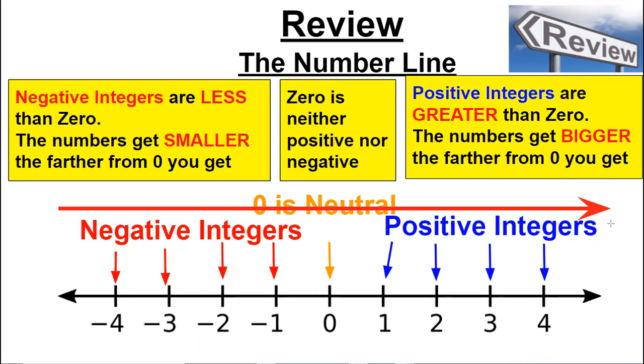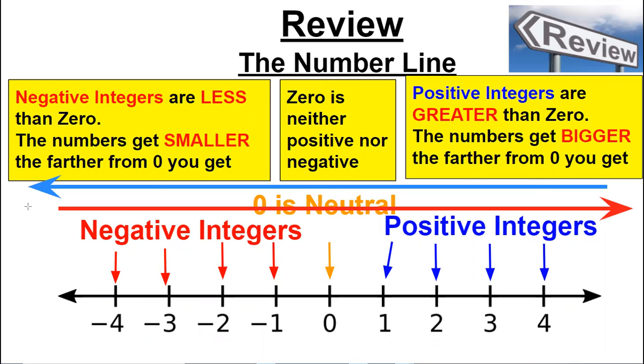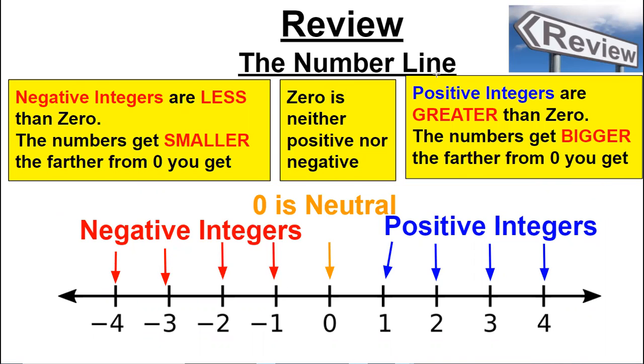As you go to the left, in this direction, the numbers get smaller and smaller. That's another way of looking at this, so keep that in mind, especially in our next lesson that we will be doing after this one.